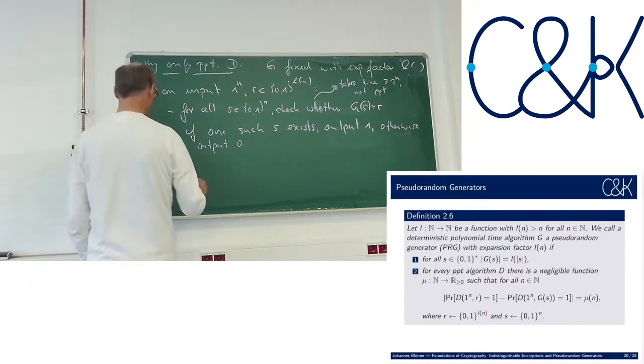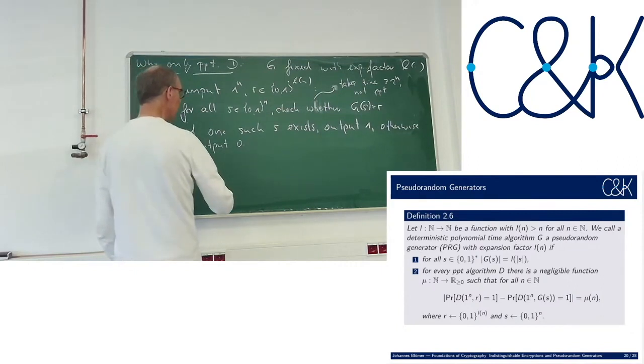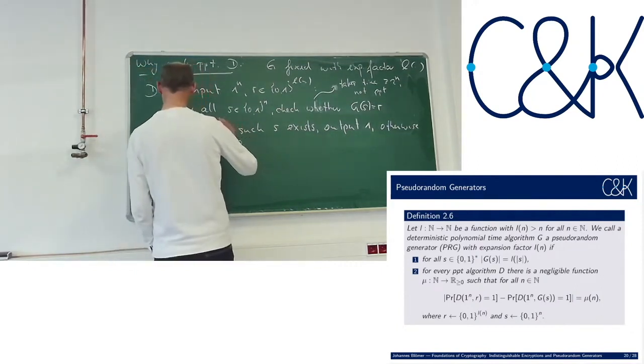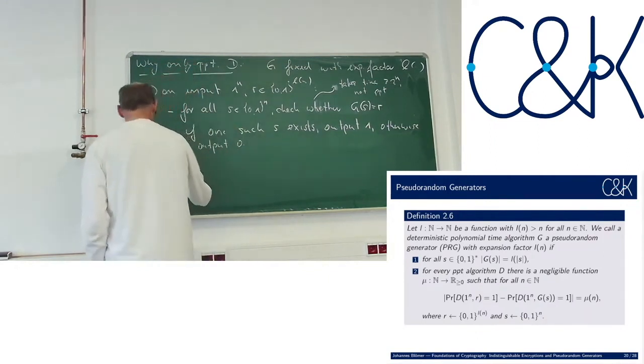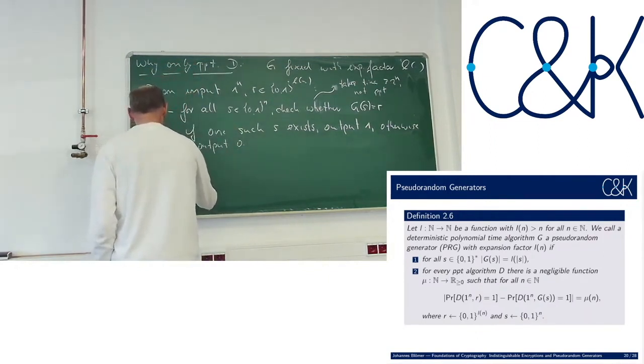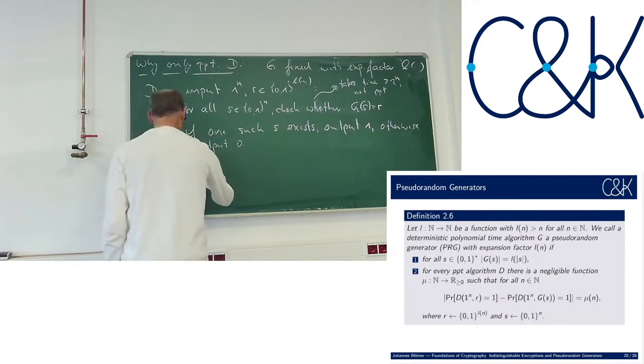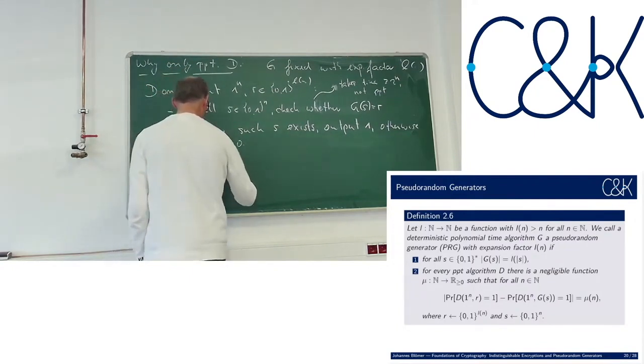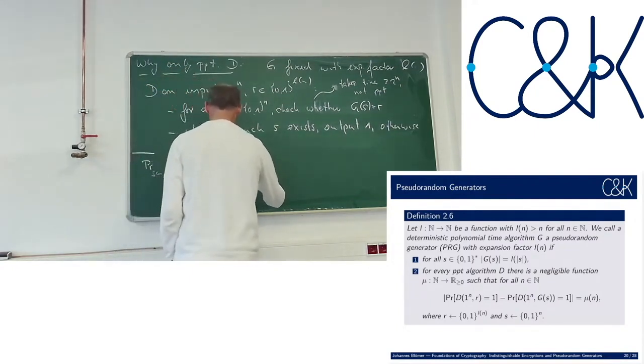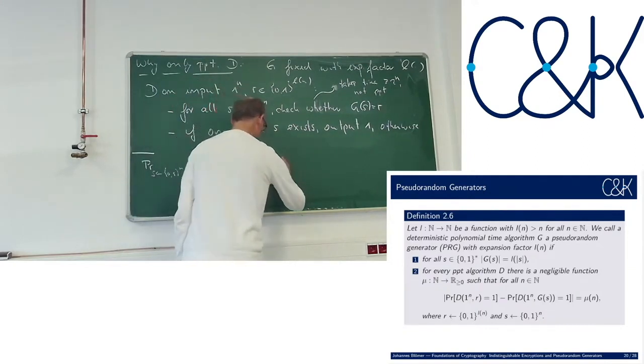If I pick S, let's say, I want to do this in this way. What's the probability that D on input 1 to the n and G of S outputs 1?